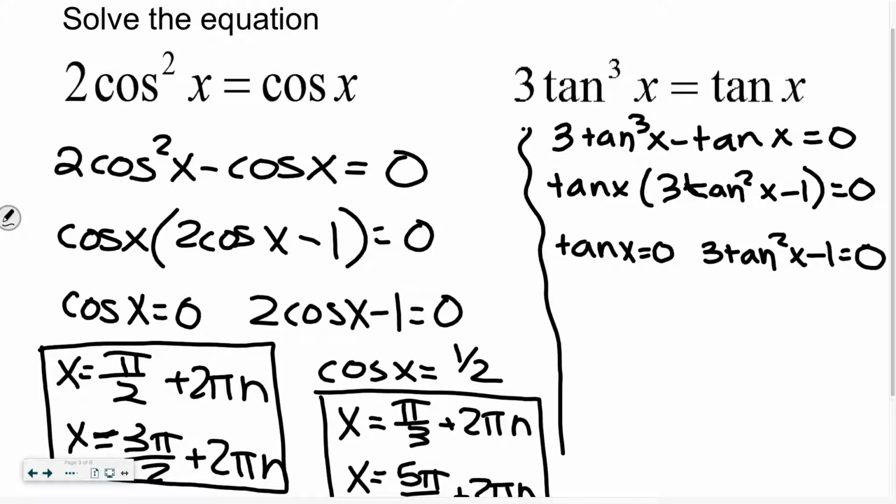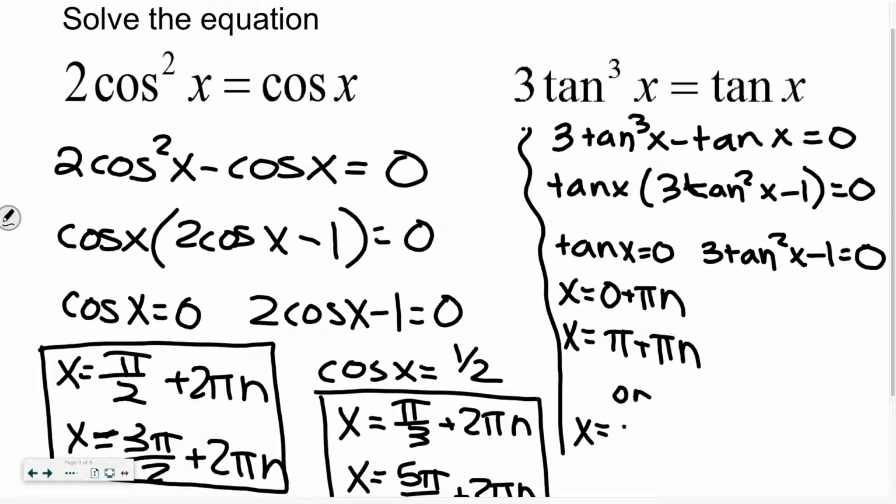0 and pi. Okay, so we can write x equals 0 plus pi n, which could also just be written as pi n. And x equals pi plus pi n. You may notice this one is already in there. Like if this was 0 plus pi times 1, then the answer would be pi. So I don't really have to write this second one.